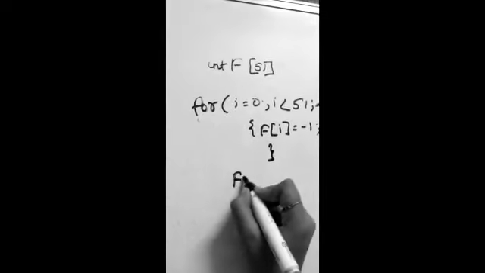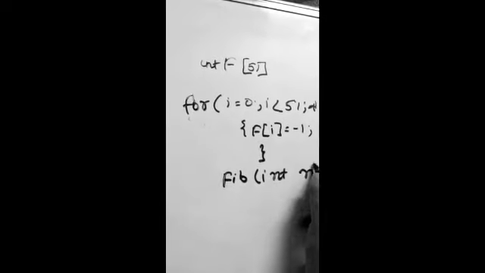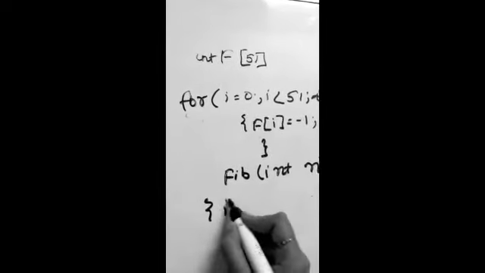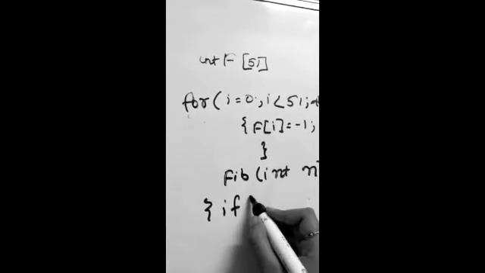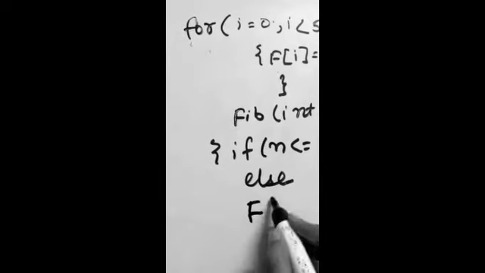And now when we have our function, first of all we check that if n is less than or equal to 1, return 1, else, now else what are we going to do?